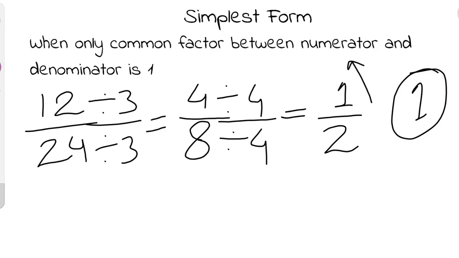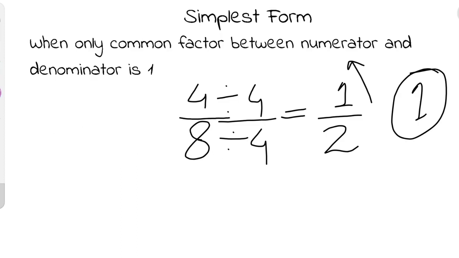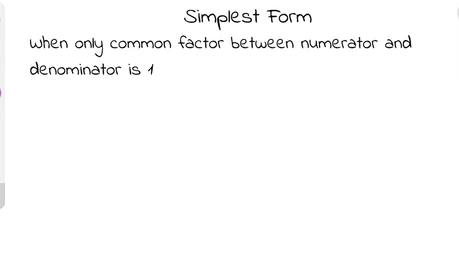Now with this simplest form method, we come to another concept. As in the beginning of this video, I told you about equivalent fractions. If you bring all the equivalent fractions to their simplest form, you will find that the value coming is the same.